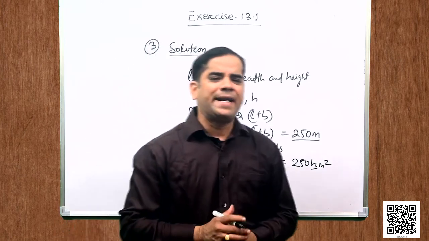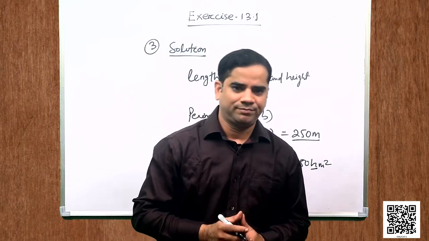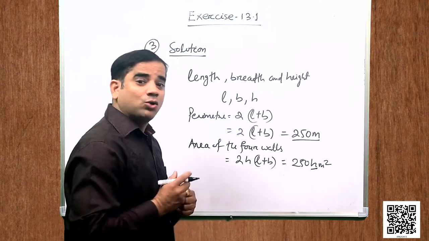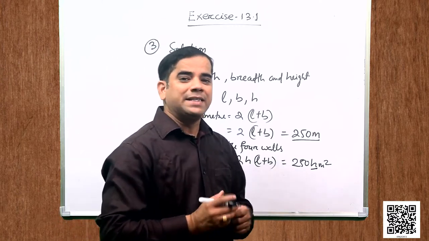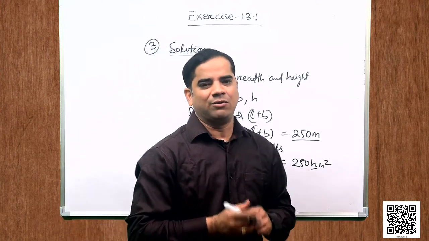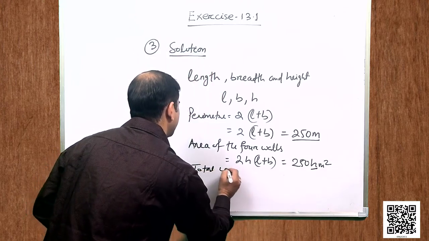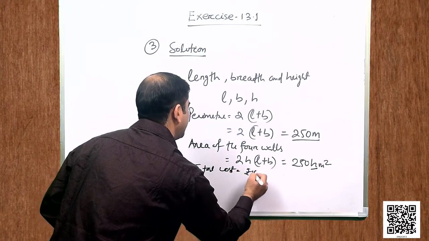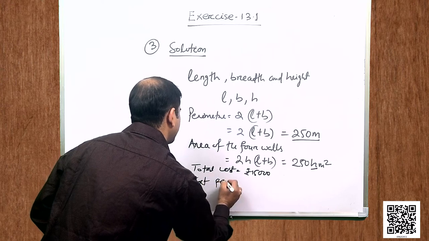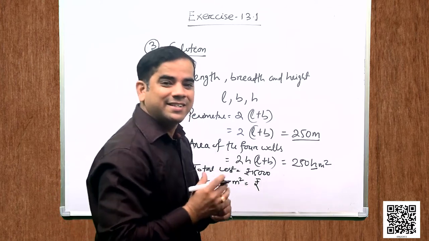Now cost of painting the four walls is rupees 10 per meter square, and the total is equal to rupees 15,000. That means total cost is rupees 15,000, and cost per meter square is rupees 10.